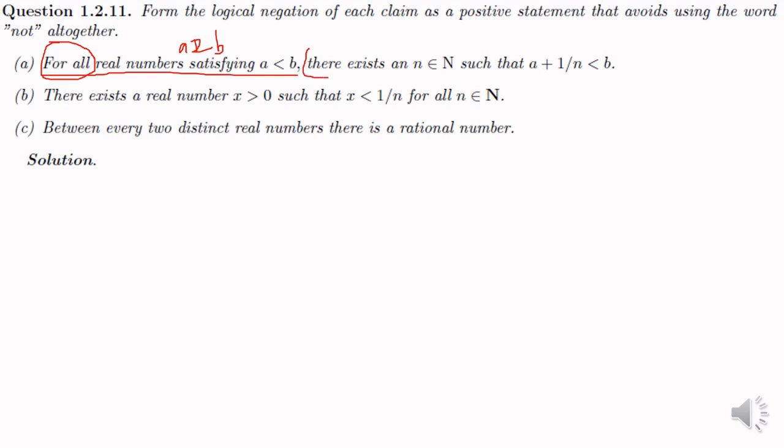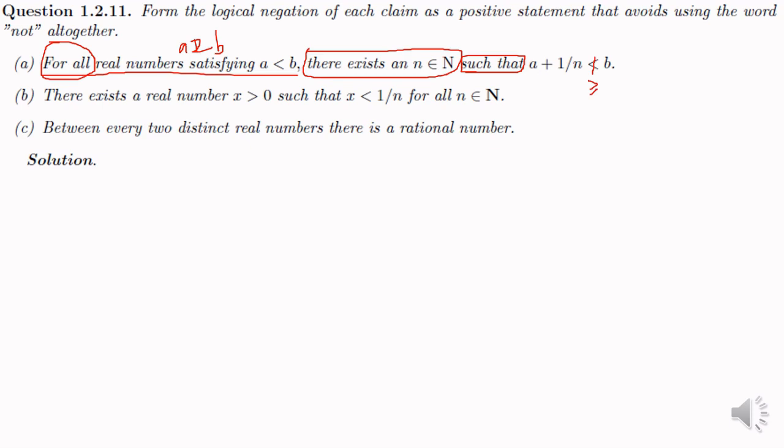And here there exists an n element of N; the negation will be for all n element of N. Here "such that" usually comes with "there exists", so we will not use the words "such that". A plus 1 by n not less than b, that means greater than or equal to b.